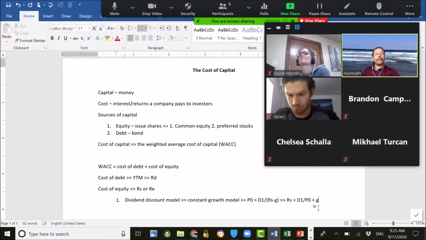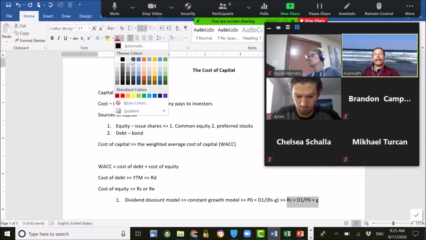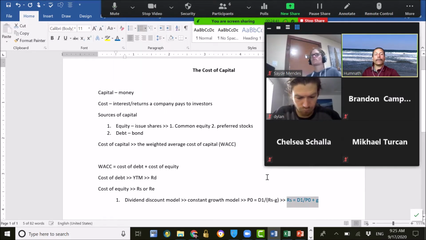So this is the cost of equity if you are using the dividend discount model.